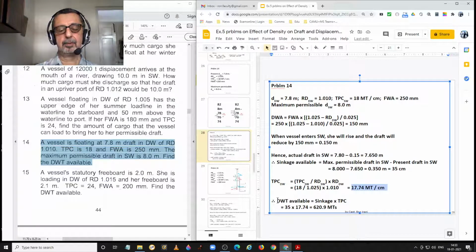Therefore, the dead weight will be equal to sinkage multiplied by TPC. Sinkage we have seen in centimeters equal to 35 and TPC is 17.74 metric tons per centimeter. Therefore, dead weight available is equal to 620.9 metric tons.